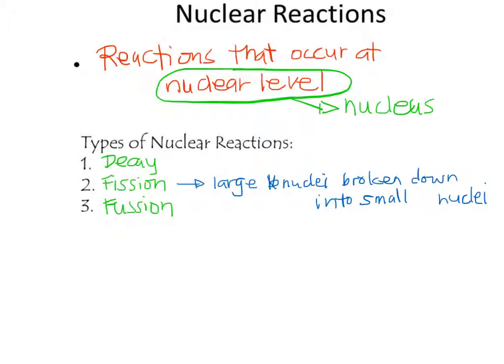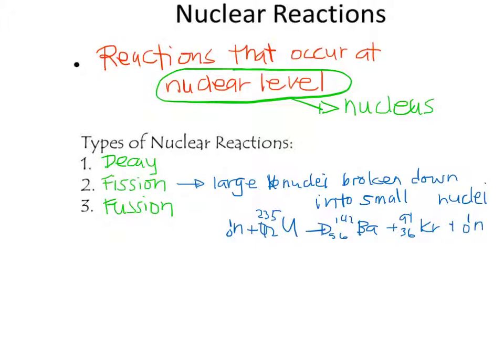An example of this is uranium being bombarded by a neutron. So I'm just going to go ahead and show you an equation: neutron plus uranium 235 (92 protons) becomes smaller particles, barium 142 (56 protons) and krypton 91 (36 protons), and another neutron.